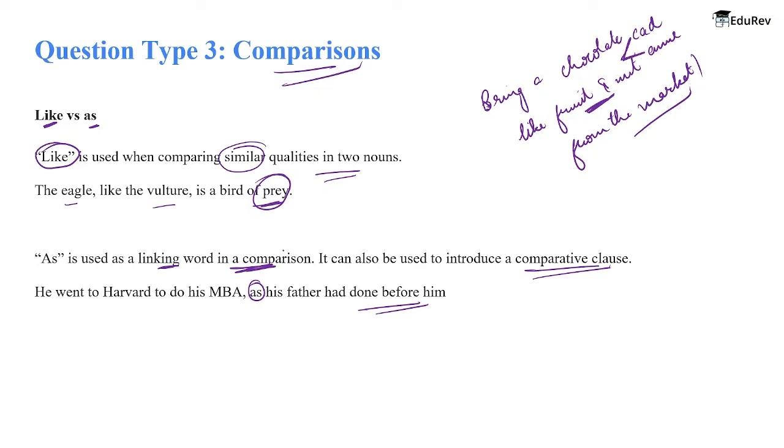What we are talking about when we are comparing, or when we are just using it as a word to introduce a comparative clause. So this is the difference between like and as. Like is when we are comparing similar words, and as is used as a linking word in comparison. I hope you are clear with this.